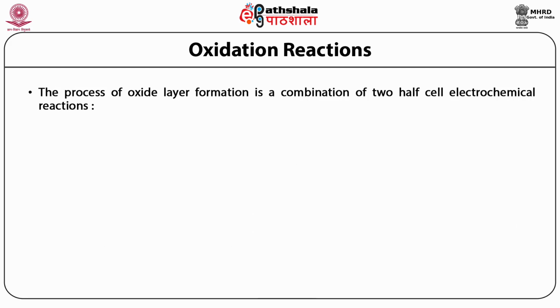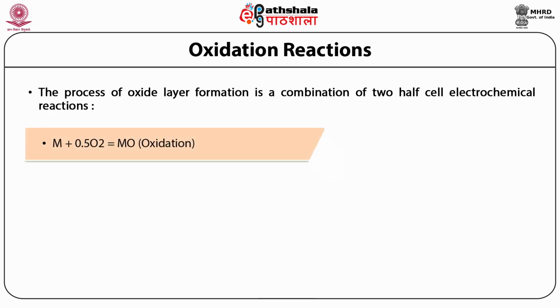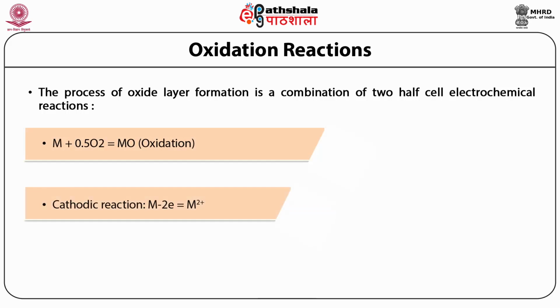The process of oxide layer formation is a combination of two half-cell reactions. The overall reaction is M + 0.5 O2 gives MO. The anodic reaction is M minus 2 electrons gives M2+, and the cathodic reaction is O plus 2 electrons gives O2-.